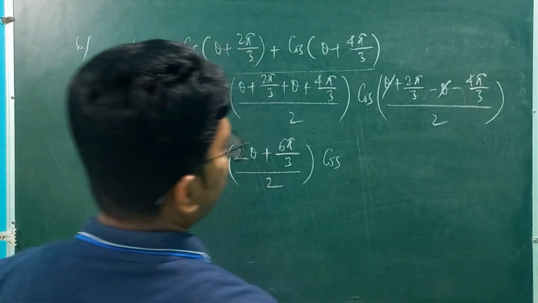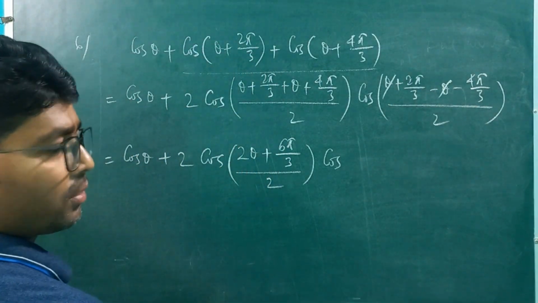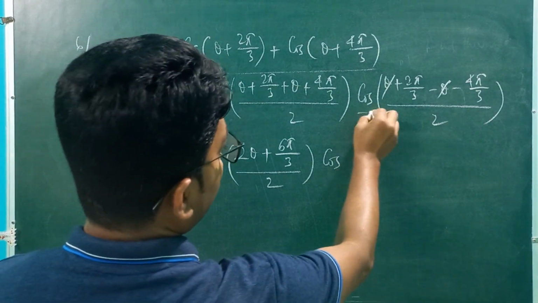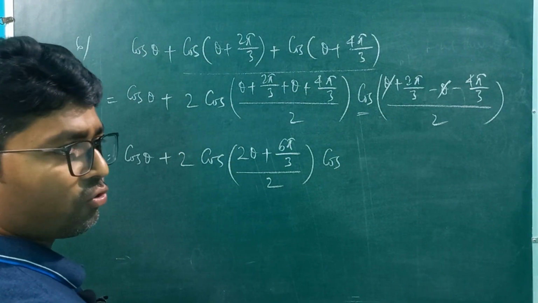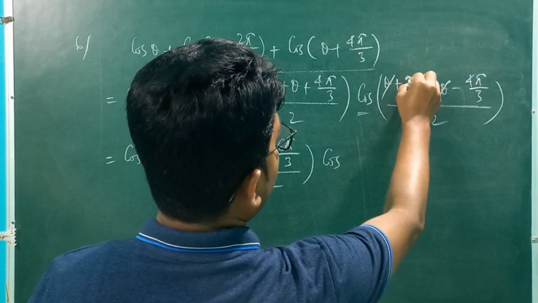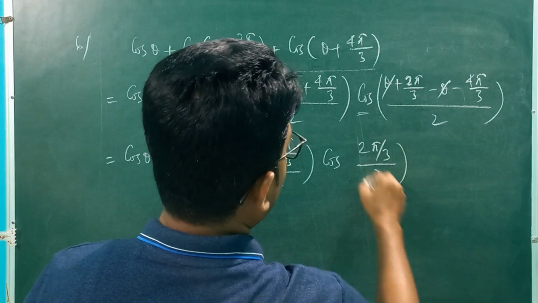Here theta will be cancelled. 2 pi minus 4 pi, that is minus 2 pi. But you can vanish this minus because this is cos. Cos of minus theta means only cos theta. So you can skip the minus sign. So this is only 2 pi by 3 by 2.